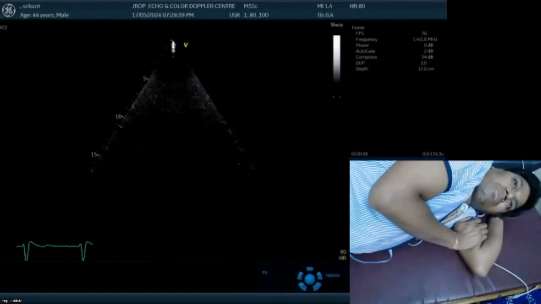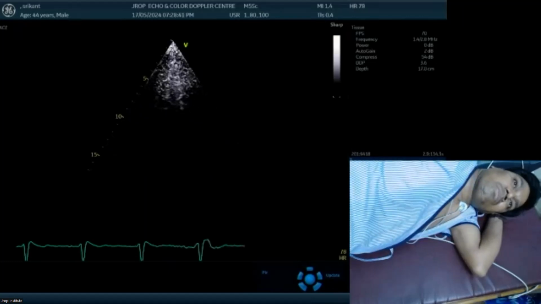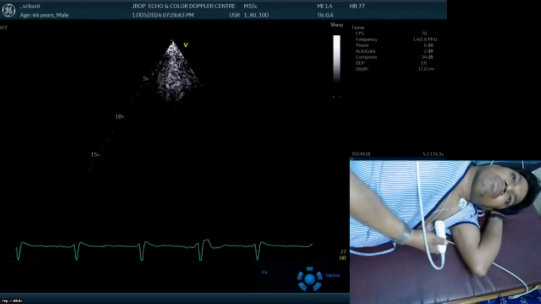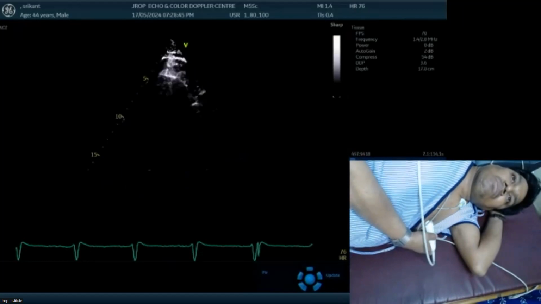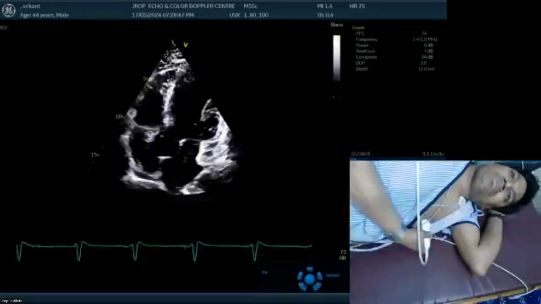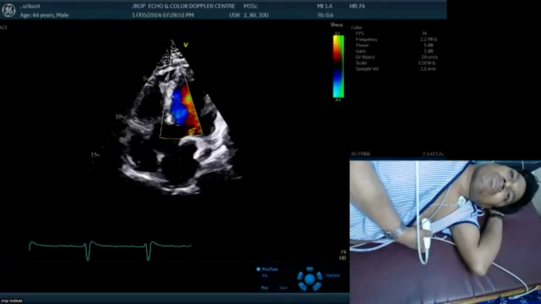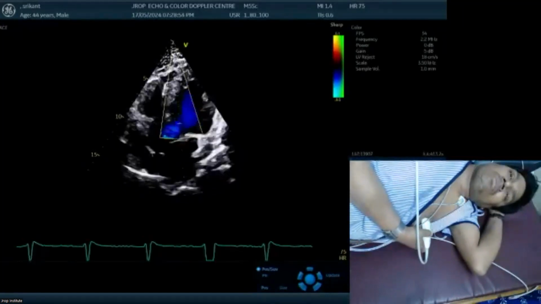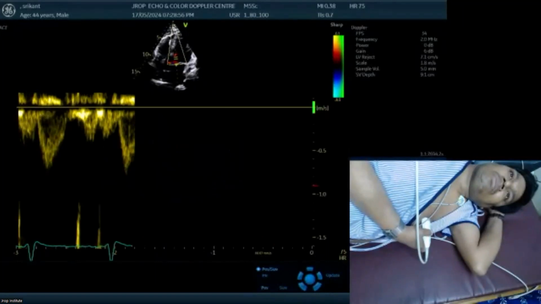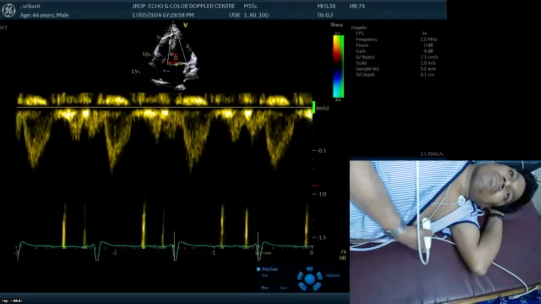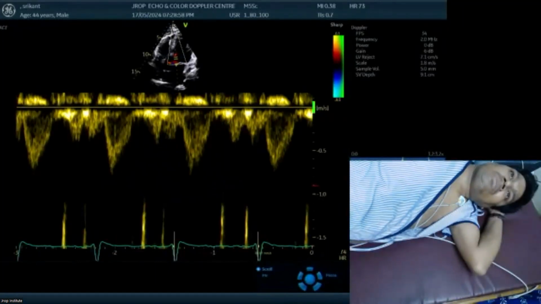Let me go over that again. This is your LVOT. Switch on colors and keep your cursor right at the LVOT, then take the pulse wave Doppler of it. So there are 2 jets. We can see very clearly a systolic jet. LVOT flow is systolic, so this one systolic jet is there.